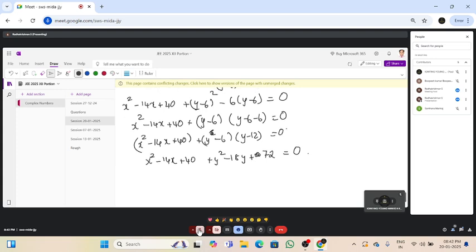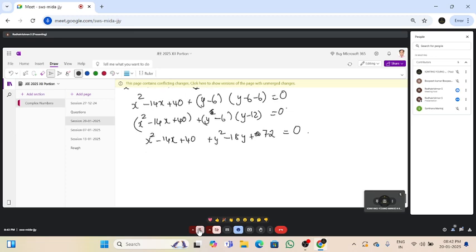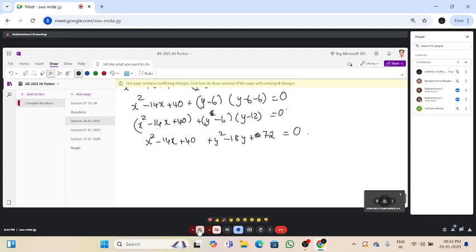So this is what you get. This is equal to 0. And what they are asking is the mod of z − 7 − 9i. x + iy − 7 − 9i, that is equal to the square root of (x − 7)² + (y − 9)².